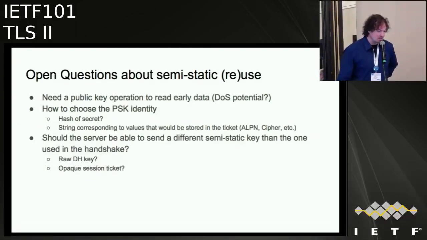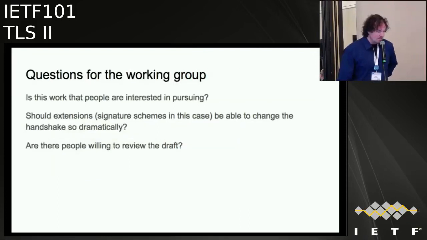So next slide, please. These are generally the questions that we wanted to raise for the group. Is this something people are interested in pursuing? This is an extension. Should this extension be able to radically change the handshake? You're significantly changing the key schedule here, and removing signatures from the algorithm. And also, is there anybody out there who's willing to review the draft and provide comments?